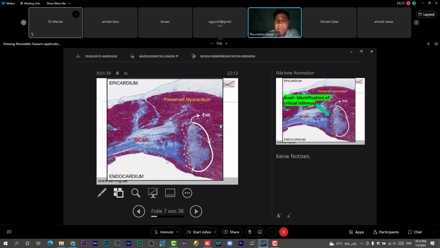So again, why do we differentiate between VT patients with ischemic heart disease and non-ischemic heart disease? It's all because of the scar. The scar in ischemic heart disease is usually close to the endocardium. Actually, in most cases, it's subendocardial.